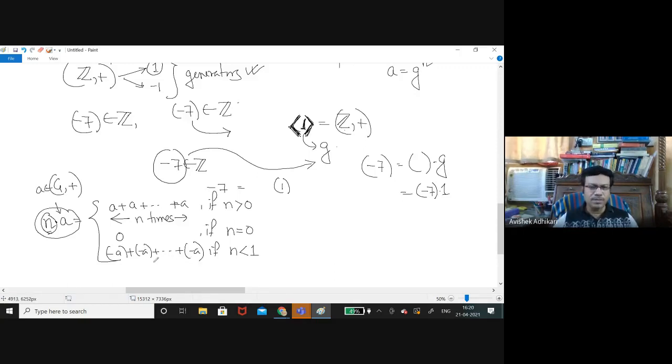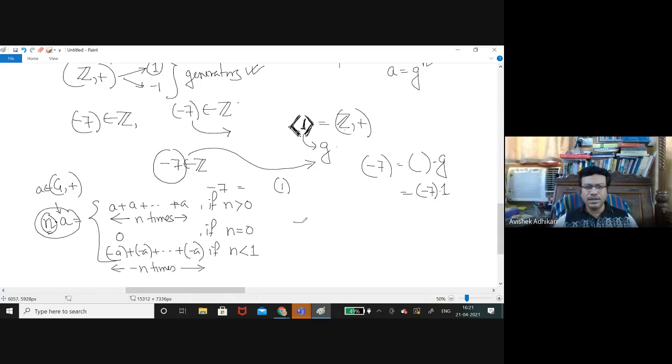Because n is negative, minus n is positive, so this is minus n times. The value will be minus A plus minus A, minus n times, and that will give you the value of this. Is it clear to all of you?